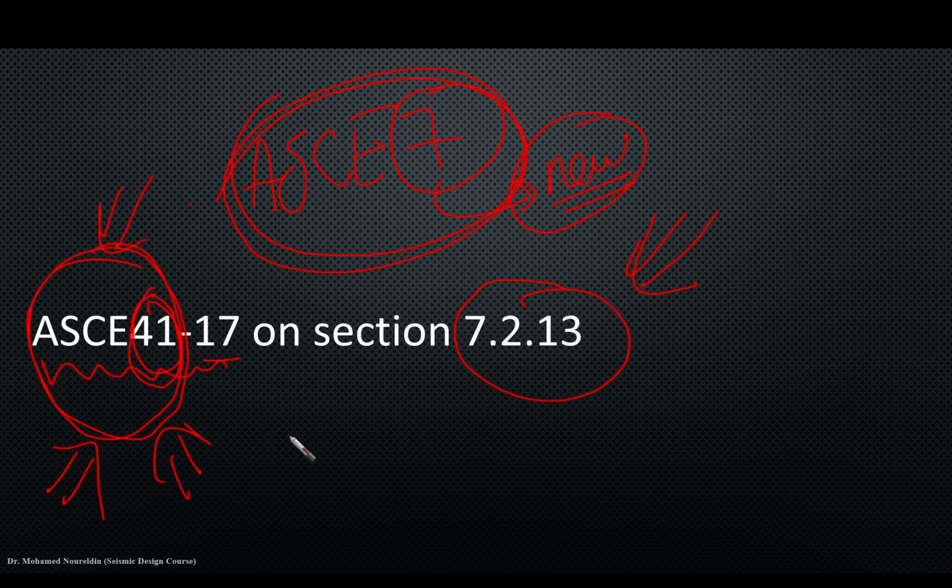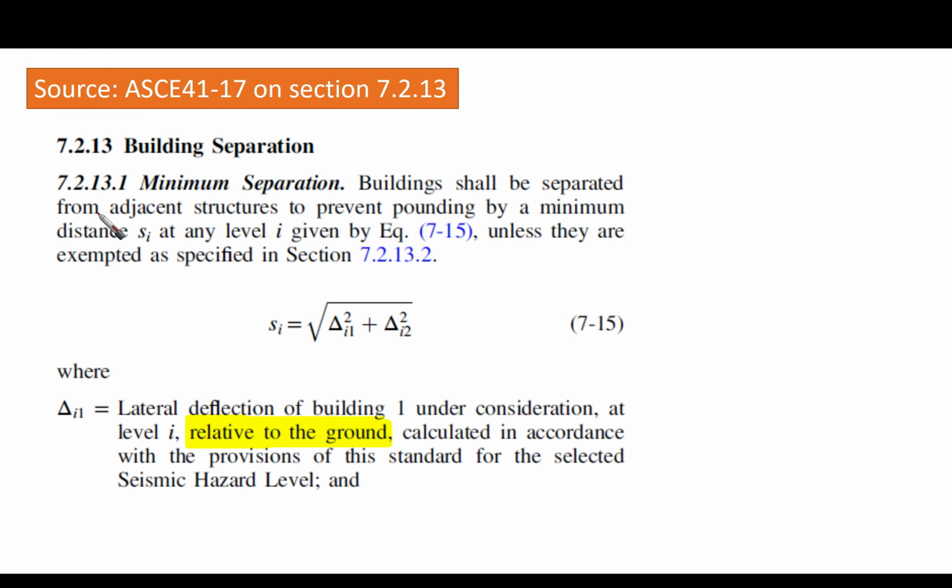Okay, so they are going to be similar in this case, but you're going to find some additional points in ASCE 41. Let's see what it is telling. First of all, the main idea is the same. ASCE 41 also gives the same delta 1 squared plus delta 2 squared under the square root.